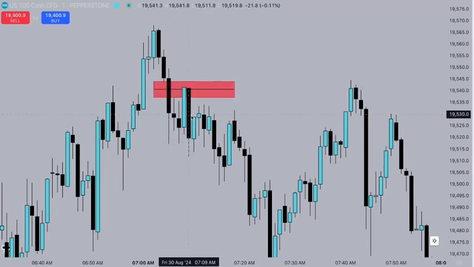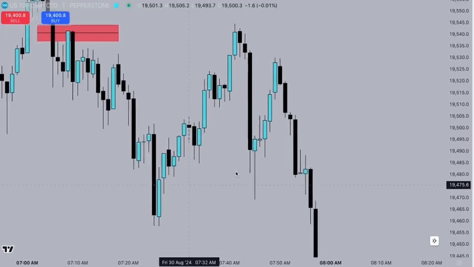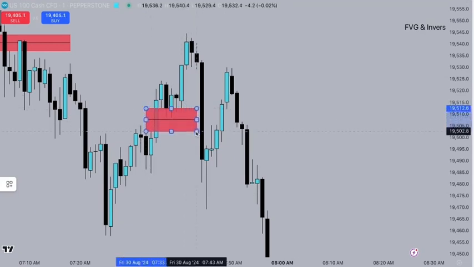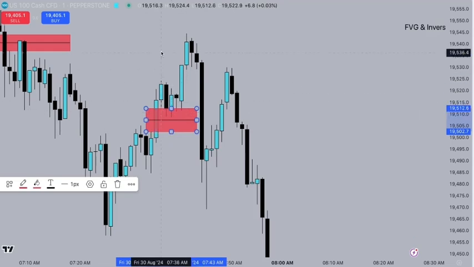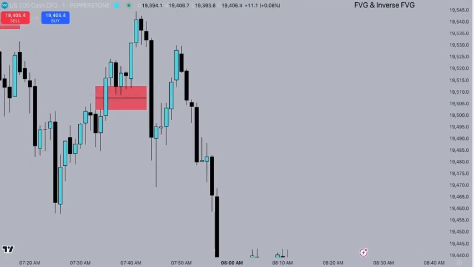It went up to the midpoint, came back down, all the way down. Okay, and then we have another fair value gap right here. As you can see, price came into it, went back up to this one. And then we have this fair value gap right here.